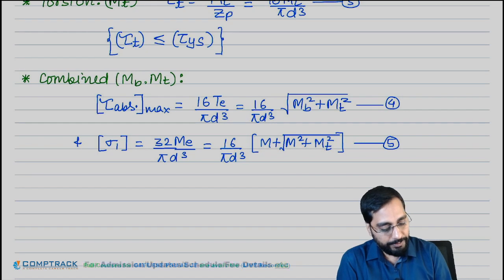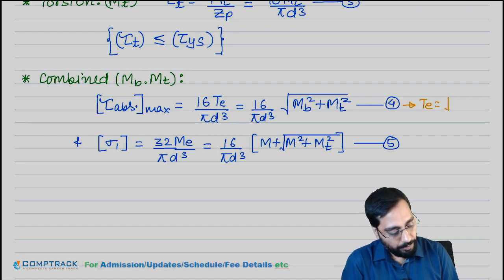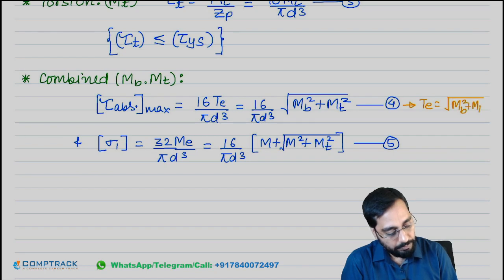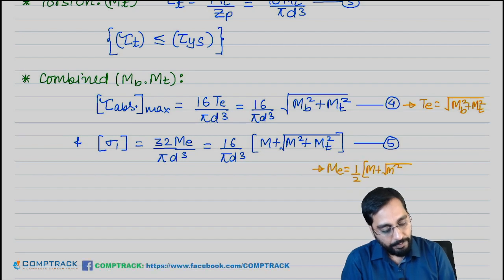So from here you will get the value of Te. It will become under root Mb square plus Mt square. And from here the value of equivalent moment you are getting is 1 by 2 into M plus under root M square plus T square.